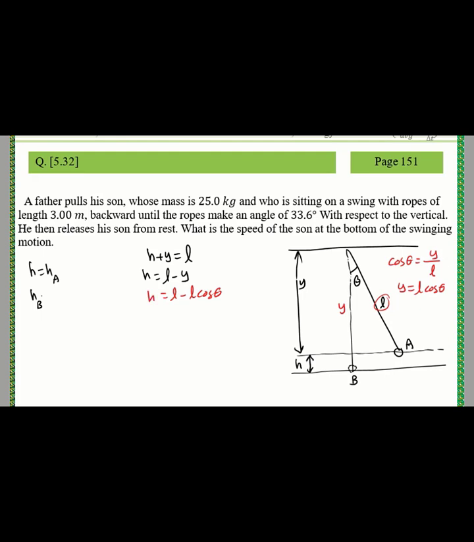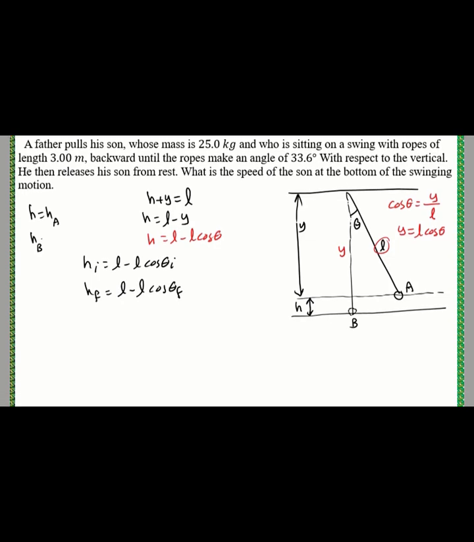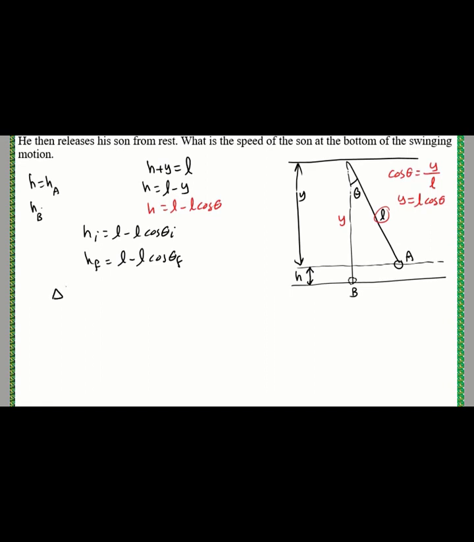Now if you have two positions, angle theta initial and theta final, you can write h initial equals L minus L cosine theta initial, and h final equals L minus L cosine theta final. If you need to find delta h, which is h final minus h initial, you will put easily L minus L cosine theta final minus L minus L cosine theta initial.